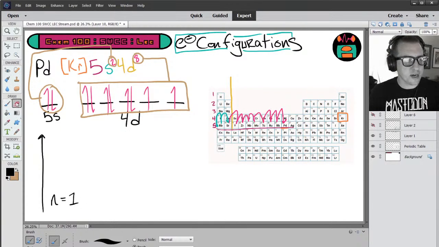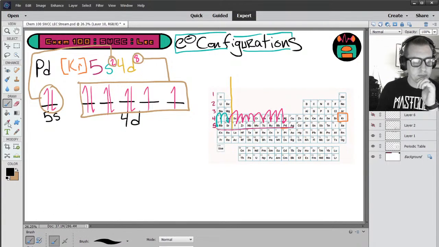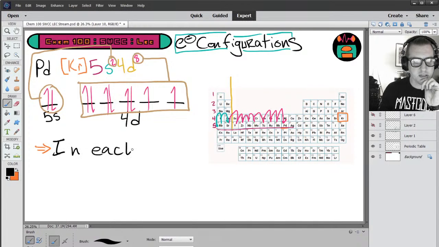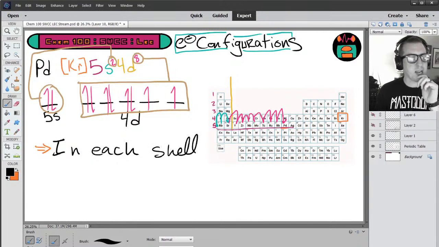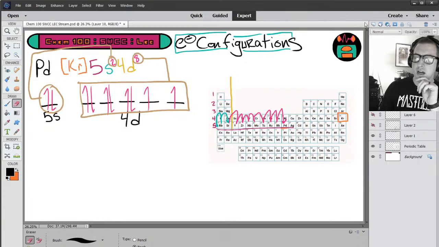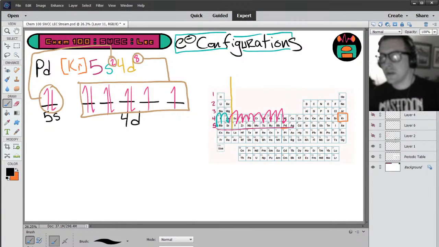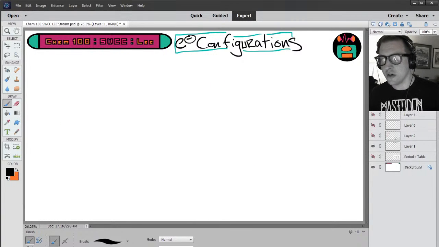Actually, I don't have to write out the whole thing. In each shell, actually, I'm going to start this slightly differently, and I'm going to clear the screen.